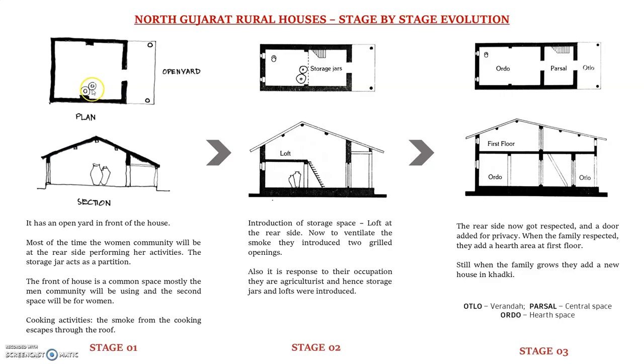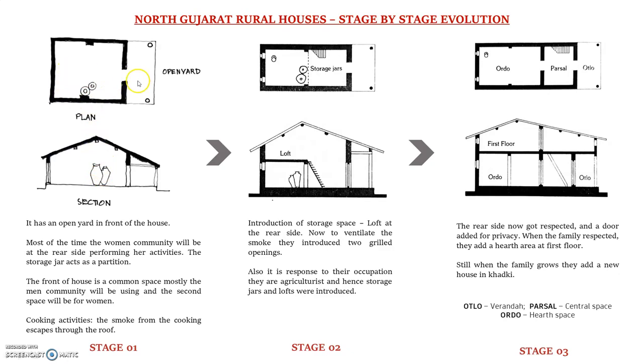In Gujarat, women's safety, security and privacy are very important for this community. So in the single chamber itself, the pots or storage vessels are very big, and they act as a screen for this particular area.